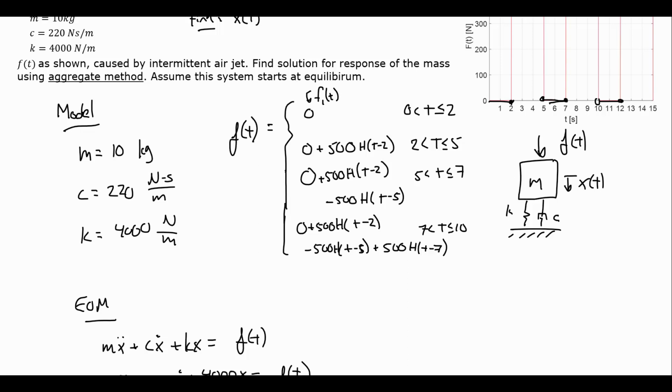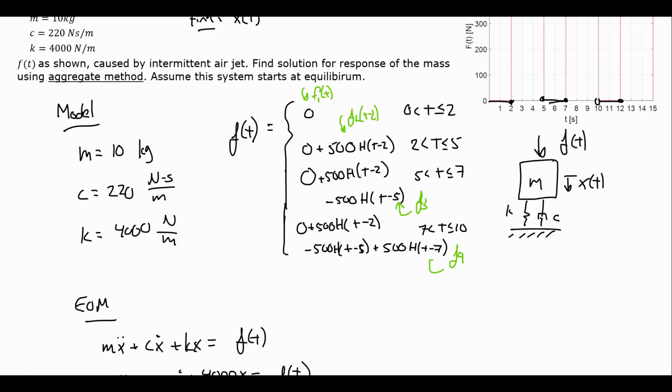I'll make this a different color so we can distinguish it. So 0 is going to be my f1 of t, and then my f2 of t minus 2 is this term, and then my f3, my f4, it's already that, and my f4 is down here, and then we can keep going if we have an f5, etc.